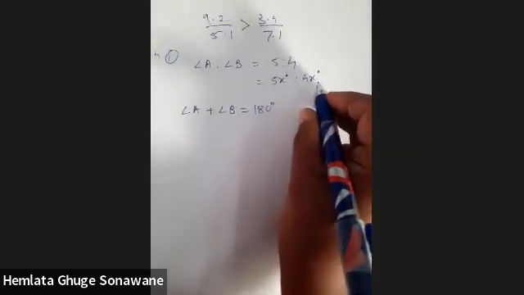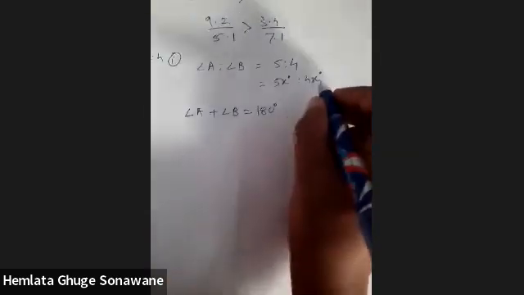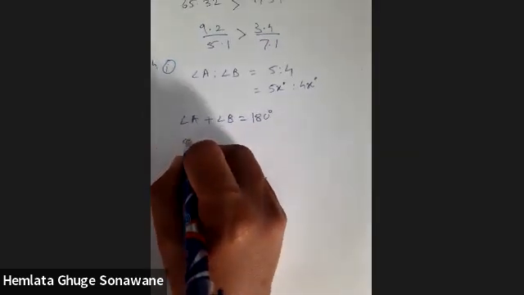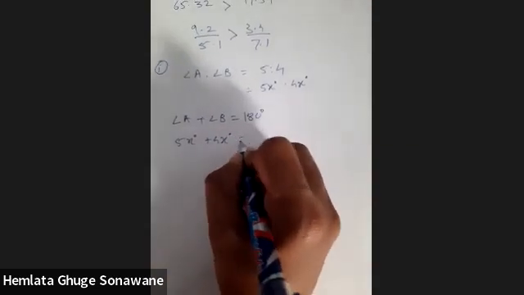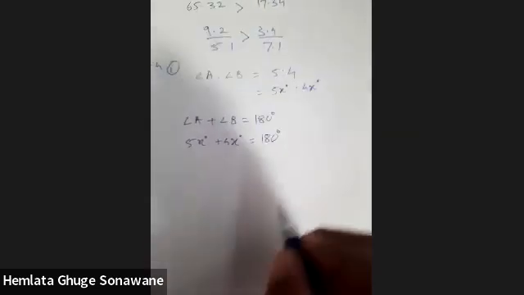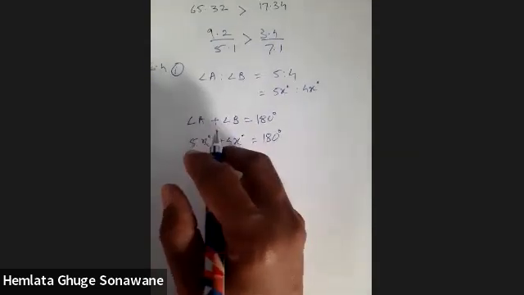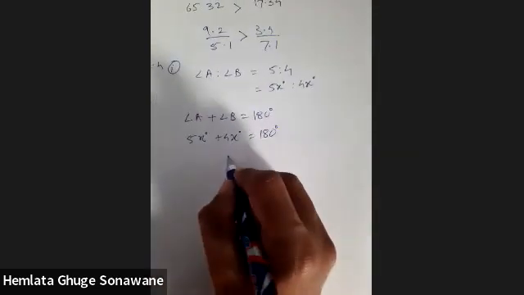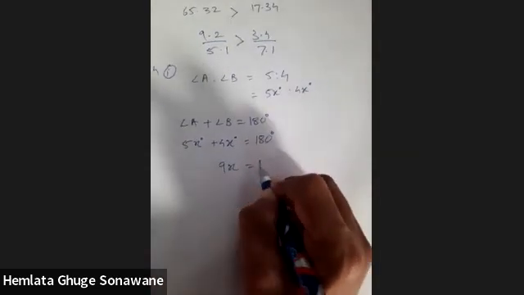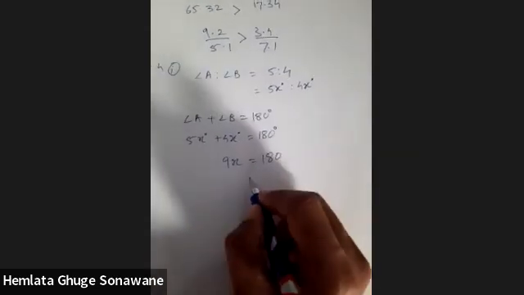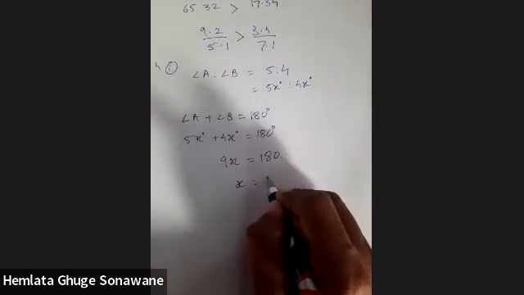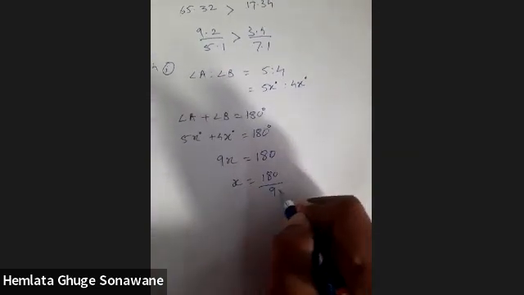We'll put the values of angle A and angle B, that is ratio 5x degree plus 4x degree is equal to 180 degree. We'll add this 5 and 4, it becomes 9x is equal to 180. We take 9 towards the right hand side, so x is equal to 180 upon 9.